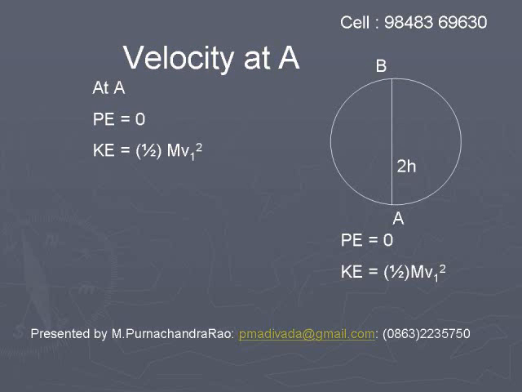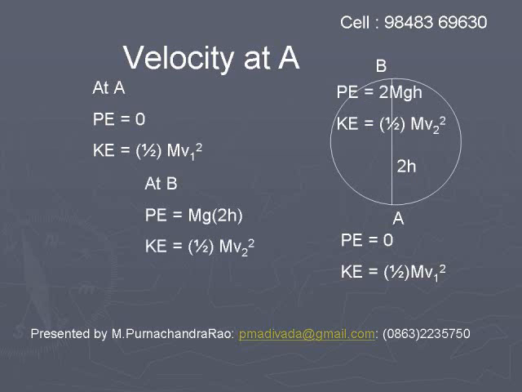To find this, first let us consider the energies of the body. At A, the stone possesses kinetic energy only. Its potential energy is 0 and its kinetic energy is half mv1 square. At B, it has both potential and kinetic energy.